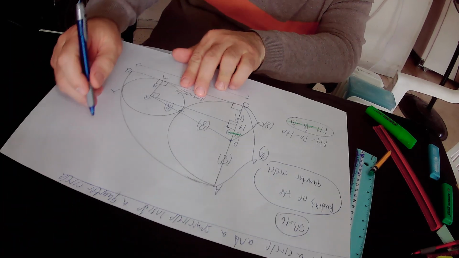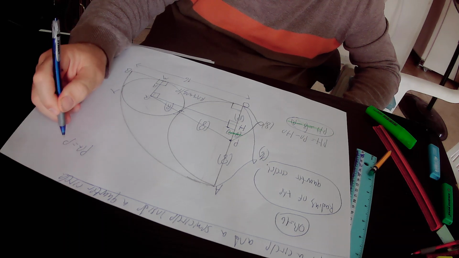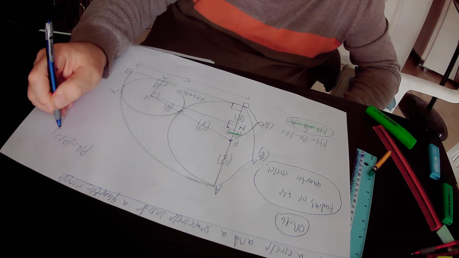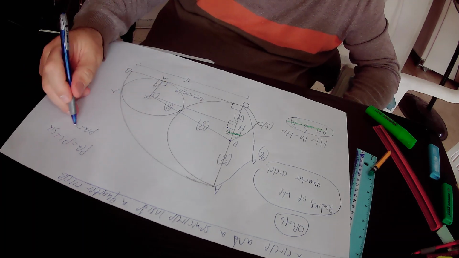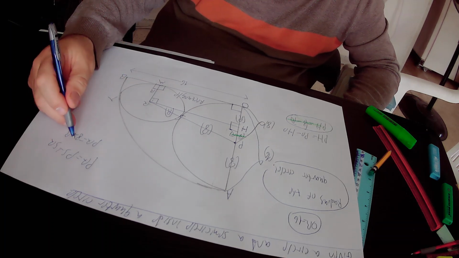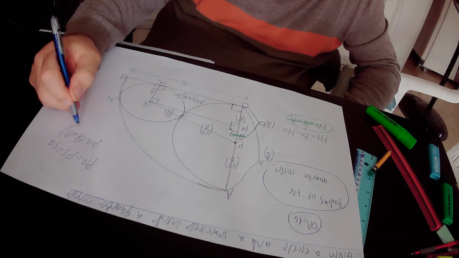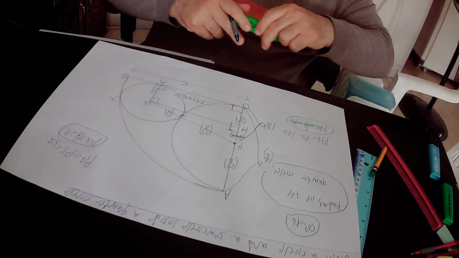PQ equals PS plus SQ. PS is 8 plus SQ. SQ is R. So in total, PQ equals 8 plus R.